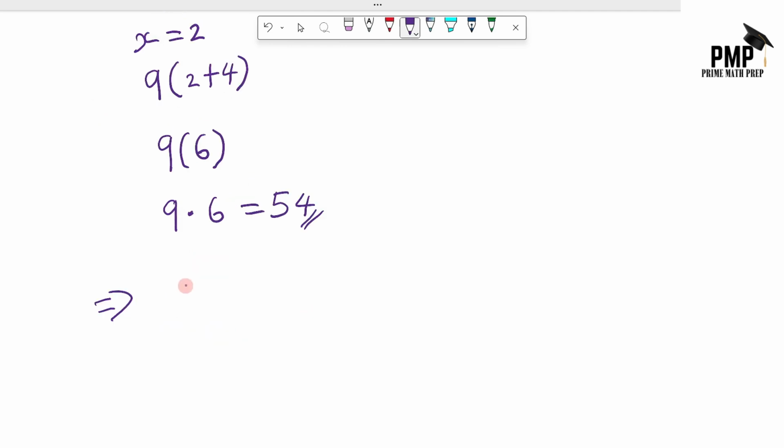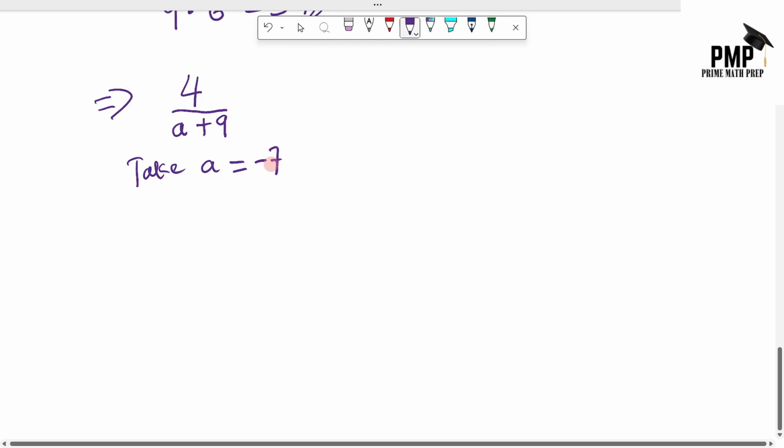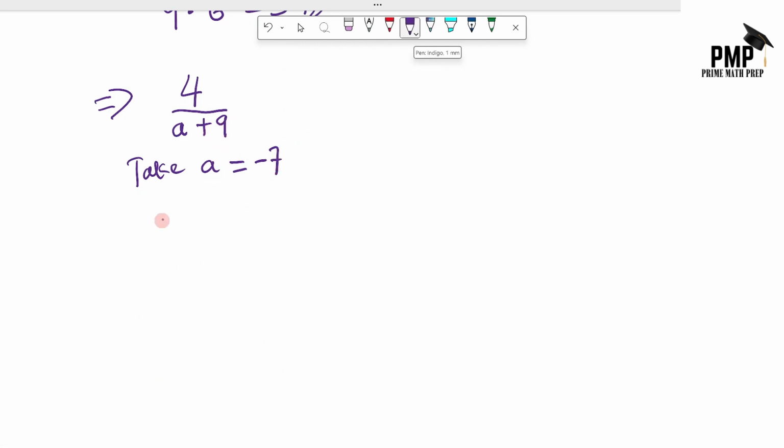We can be given an expression, let's say 4 divided by a plus 9. If we are told to take a as negative 7, and if we substitute this negative 7 into this algebraic fraction expression, we will now have 4 divided by negative 7 plus 9. When we simplify this fraction, we can simplify the denominator first. Negative 7 plus 9 is 2. Our expression will drop to 4 over 2.